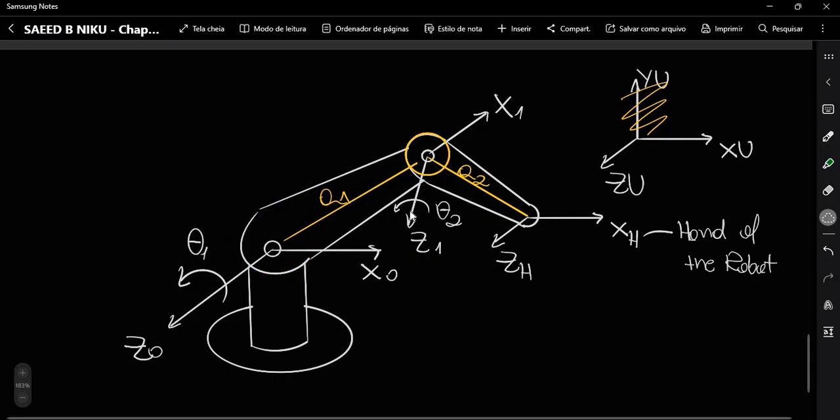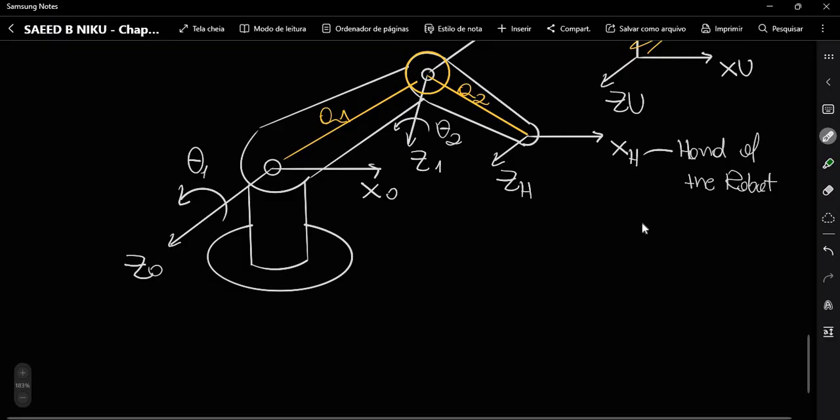Okay, so let's first try to write a transformation equation. A transformation equation is always the generic solution for a robot with any number of degrees of freedom.